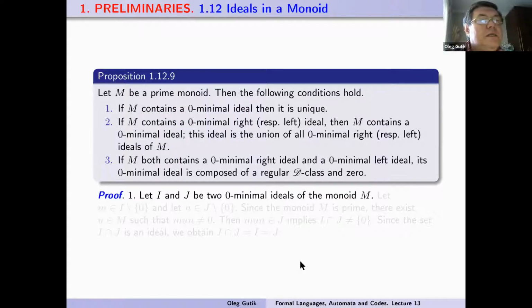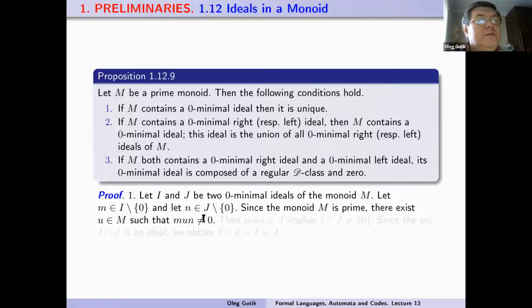The proof. First, let I capital and J capital be two zero minimal ideals of the monoid M. Let M belong to I capital without 0, and let N belong to J capital without 0. Since the monoid M capital is prime, there exists an element U from M capital such that M U N is not equal to 0.